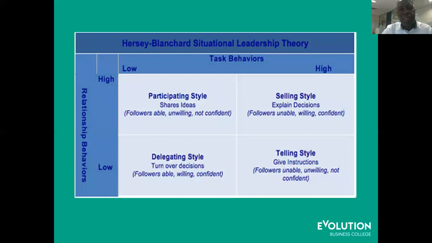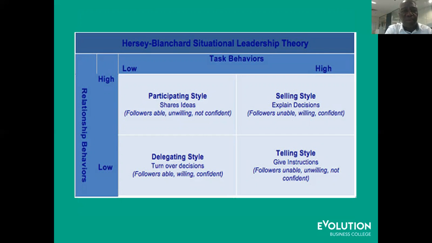So, Hersey-Blanchard situational theory. You look at the left-hand side, the relationship behaviors, and right there, perpendicular, we've got the task behaviors. So you've got the participating style. Hersey and Blanchard are saying that in the participating style, the sharing of ideas, followers are able but unwilling if there is no sharing of ideas.